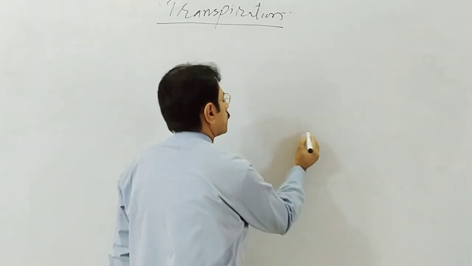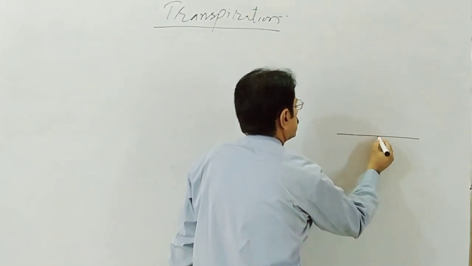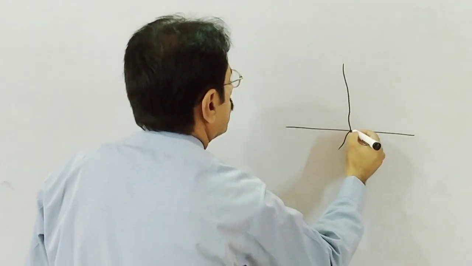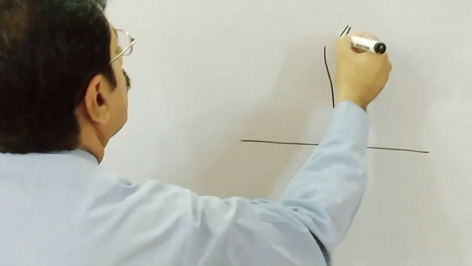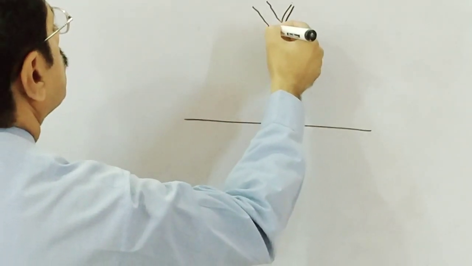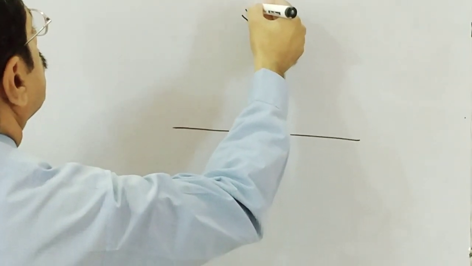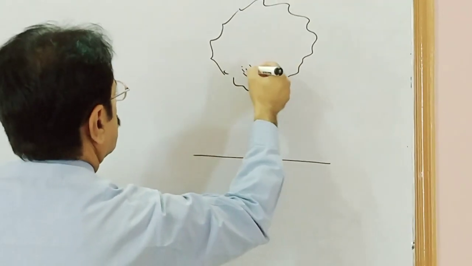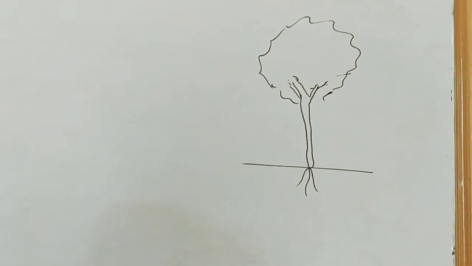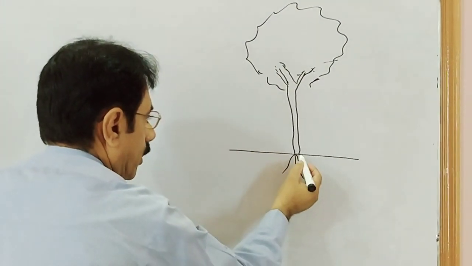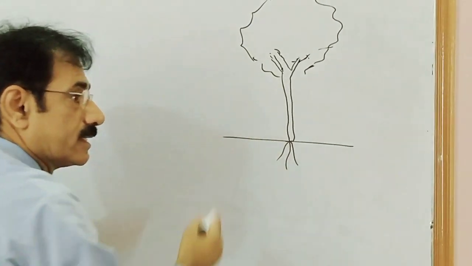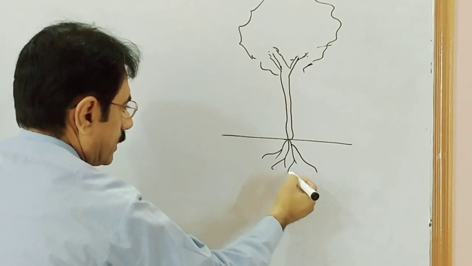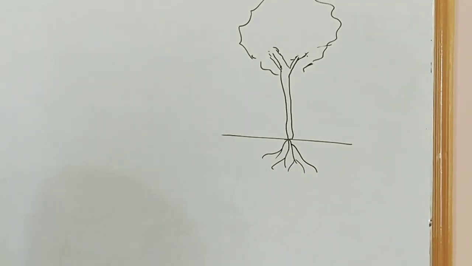Aerial parts meaning those parts, suppose this is a plant. The part of the plant above the soil surface is the aerial part, and the part of the plant below the soil surface, the underground part, we know that is the root.